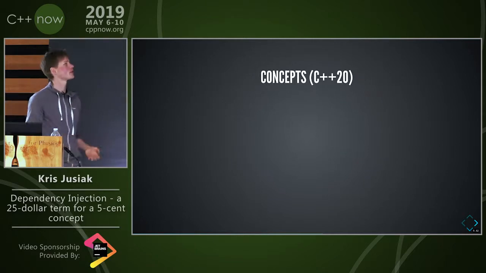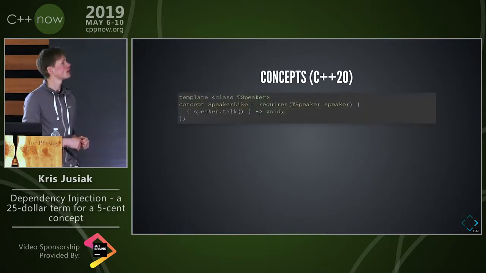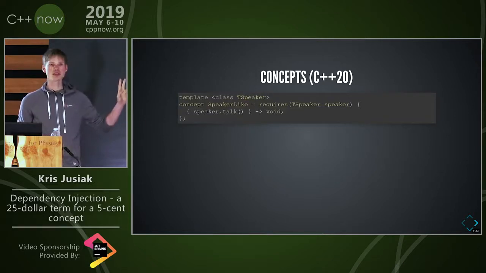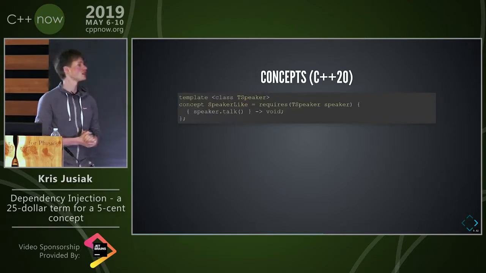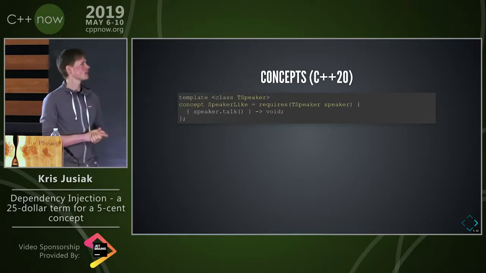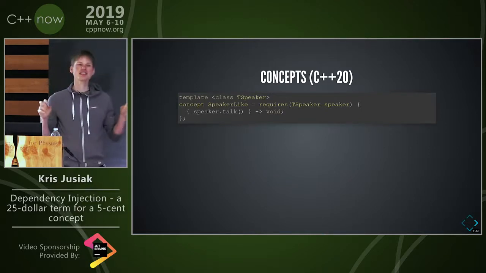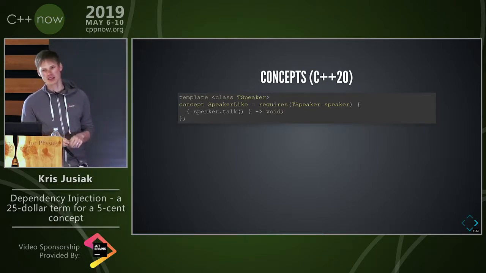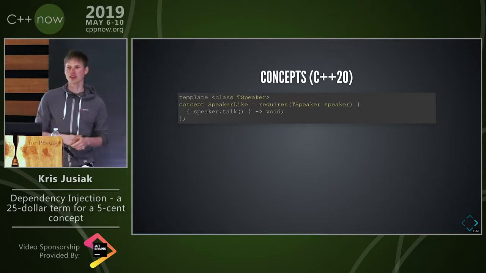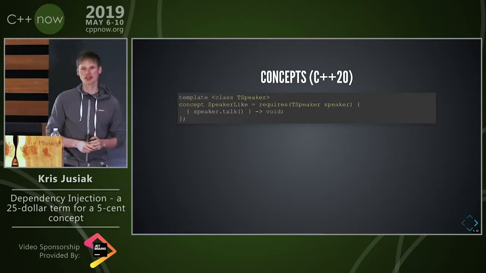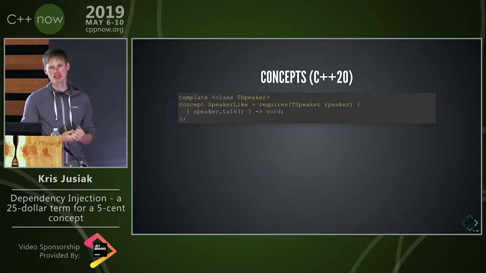Yet another approach, concepts. Is everyone familiar with concepts? A lot of people are, maybe not that many. The idea is that we have these, kind of an interface for types, so we'll get better error messages, faster compilation times, and better description of what our types are doing.